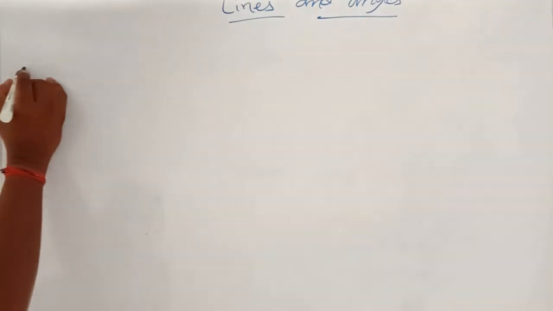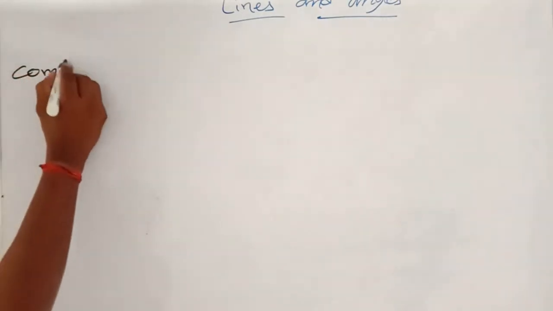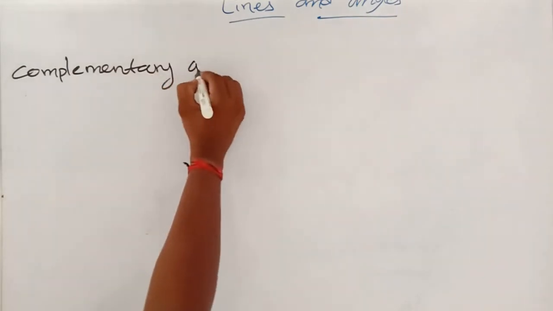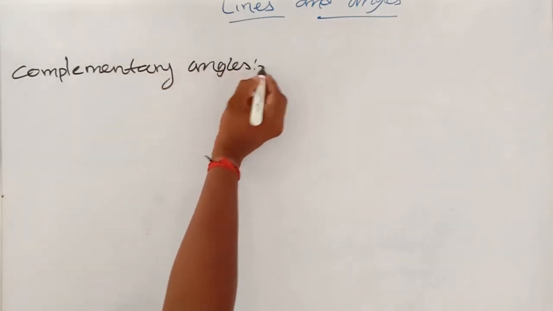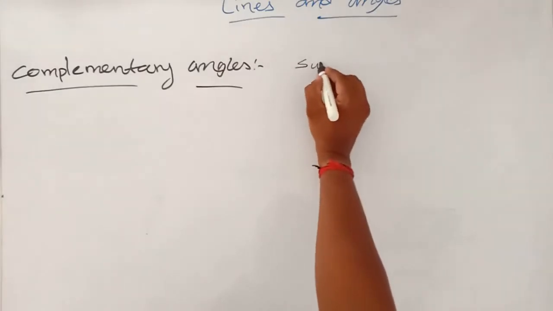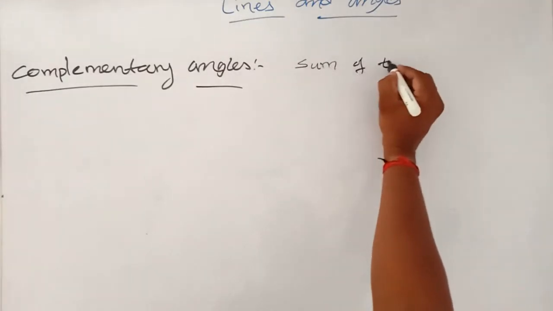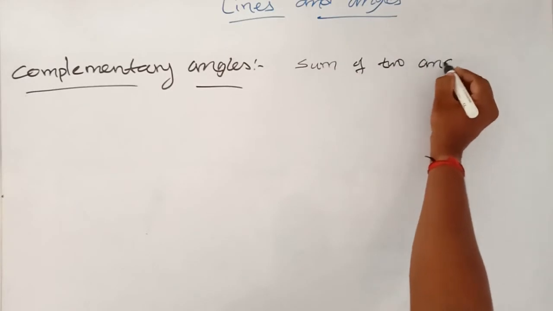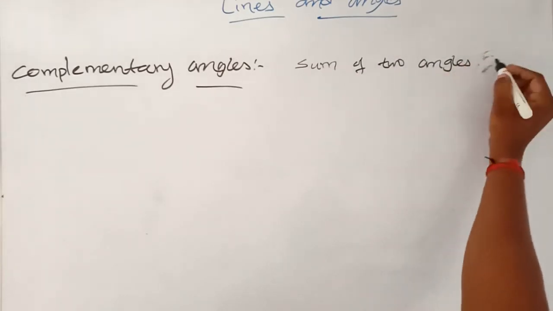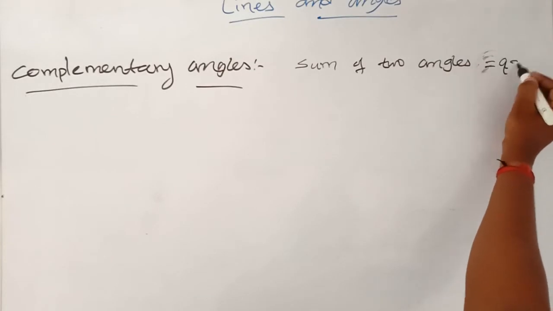The next angle is complementary angle. Complementary angles means the sum of two angles should be equal to 90 degrees.